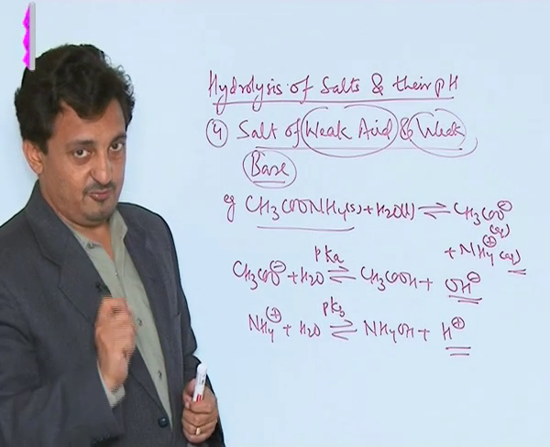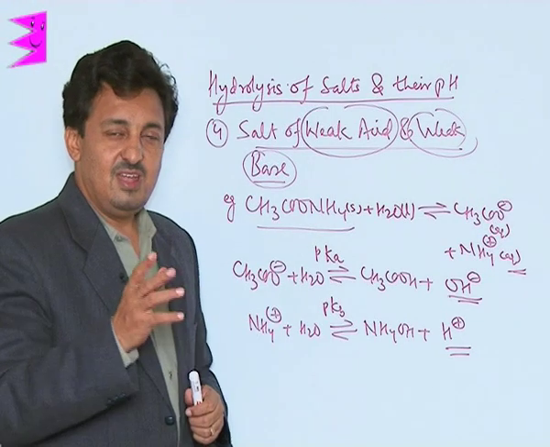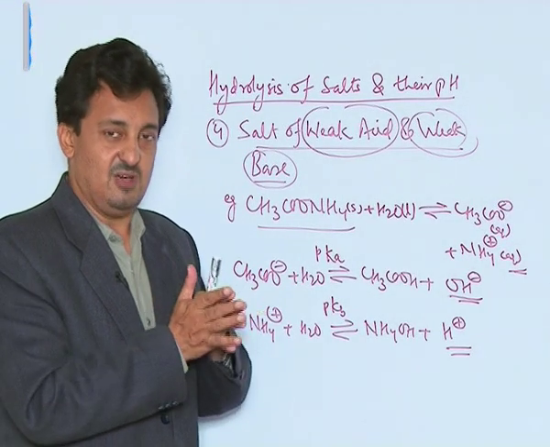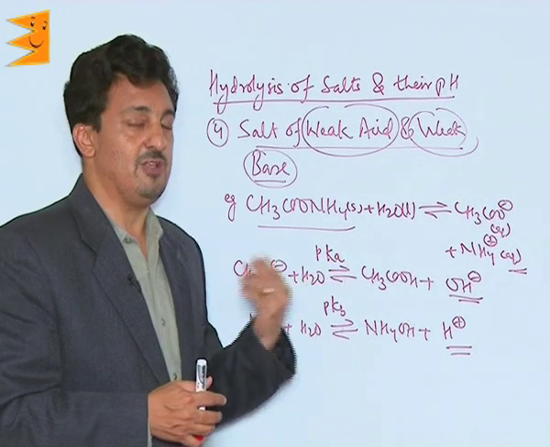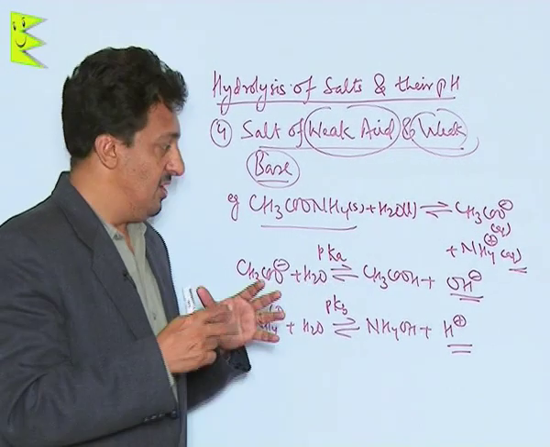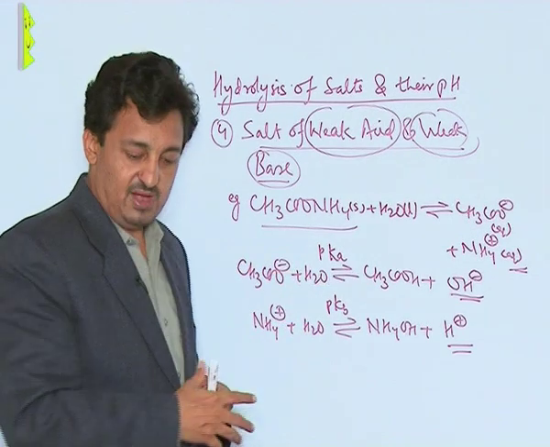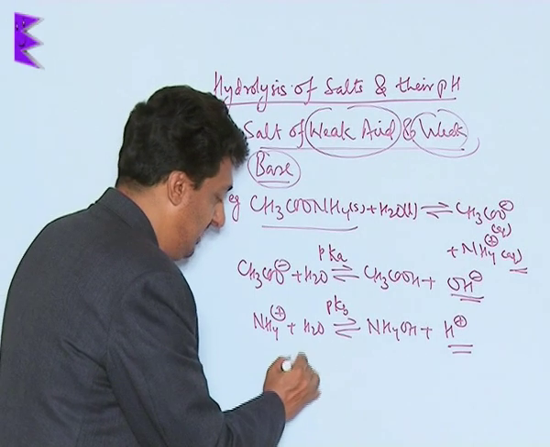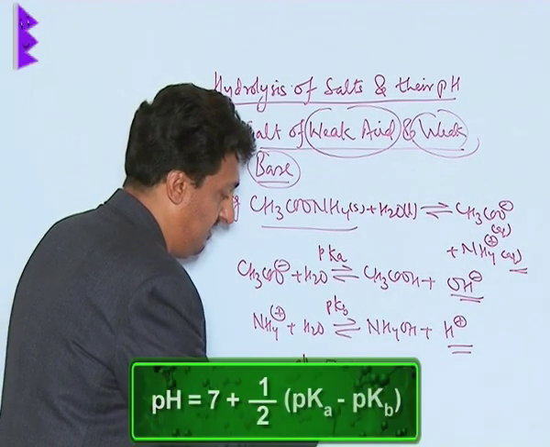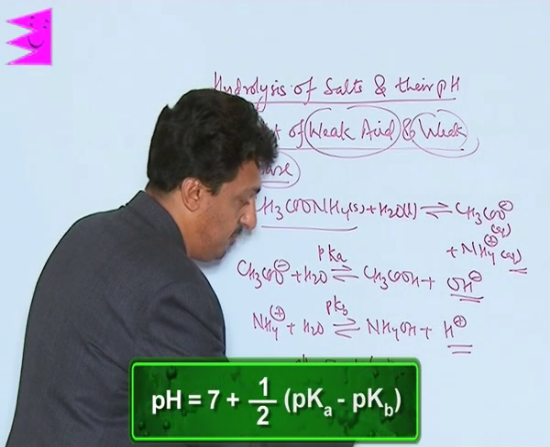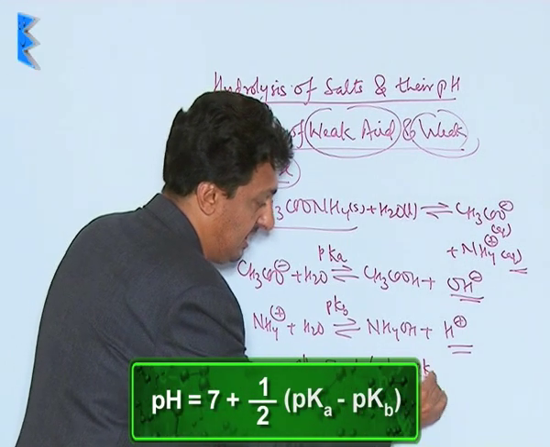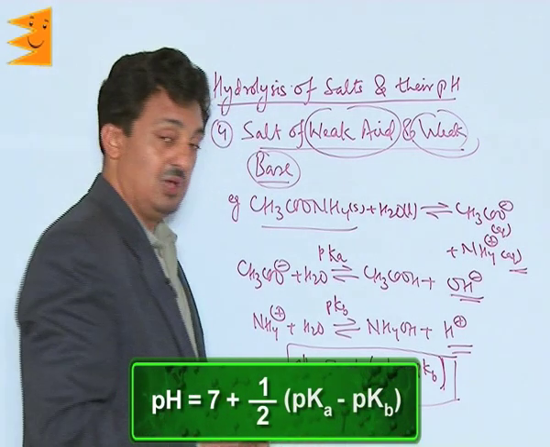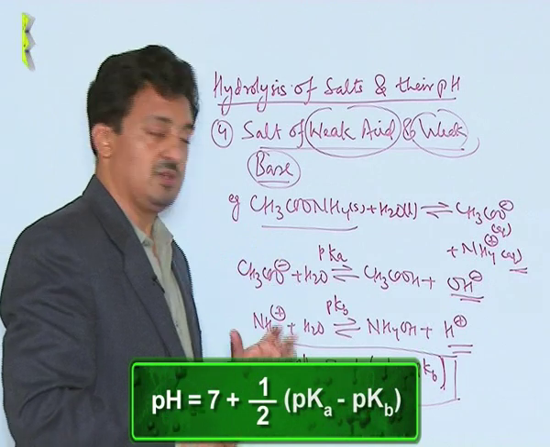So always remember, in such types of salts, it's not the concentration which makes the difference. It is the actual difference of the pKa and pKb which is going to make the difference. And that is why, not necessarily going into the calculation part, we have a formula for such types of salts, which is: the pH of such salts is 7 plus half of pKa minus pKb, which is going to decide what will be the pH of the solution when these salts are added to water.